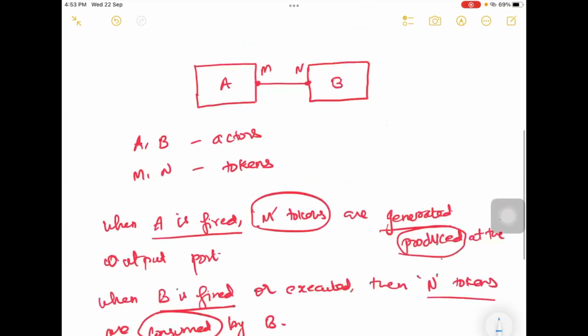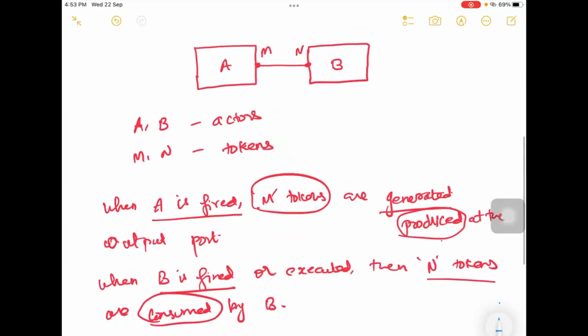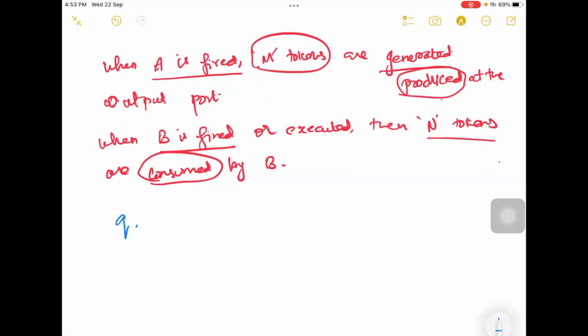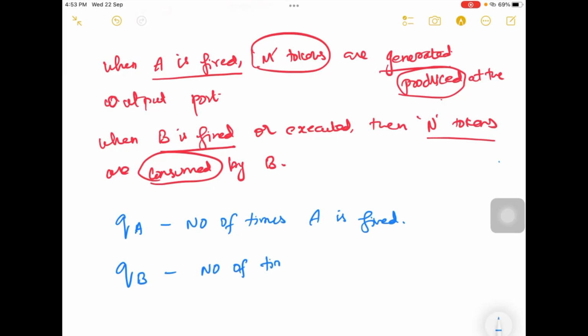Now, how many times can a token be generated, how many times can an actor be fired, how many times does the execution happen? Let QA be the number of times A is fired, and QB the number of times B is fired.